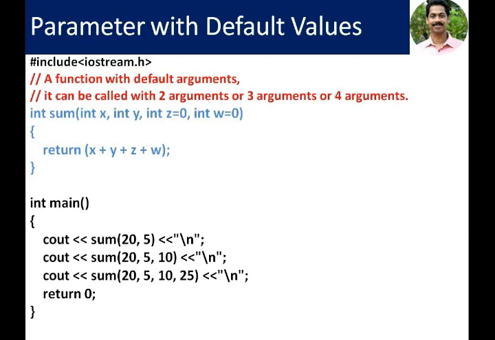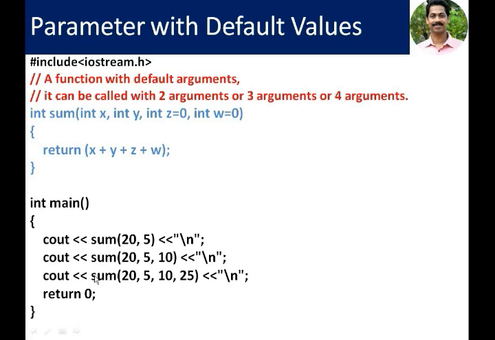But we are not sending any value to w, so the default value of w will be assigned as 0. And finally, we will calculate the result as x plus y plus z, 20 plus 5 plus 10, and plus w equal to 0. So we will get the answer 35 here, 35 in the function call.